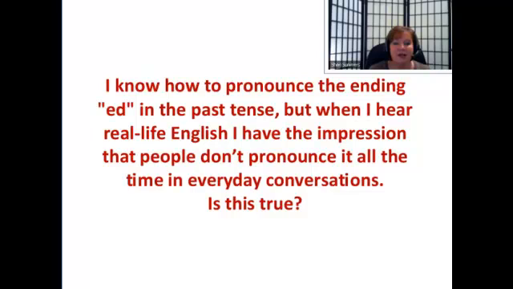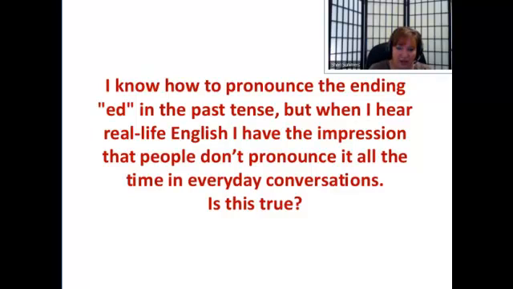That's a very common thing when you're getting your ears tuned to being able to hear things that you haven't noticed before. So don't worry so much about it, but do know that the ED, it's pronounced. Now, the problem might be because it's so fast and you might not realize what you're hearing.